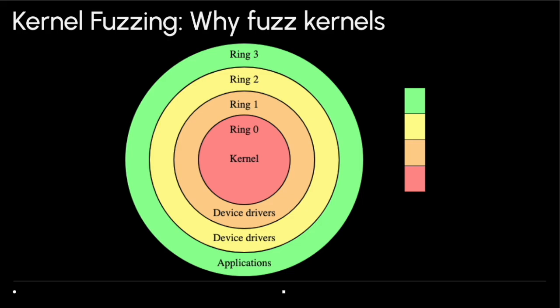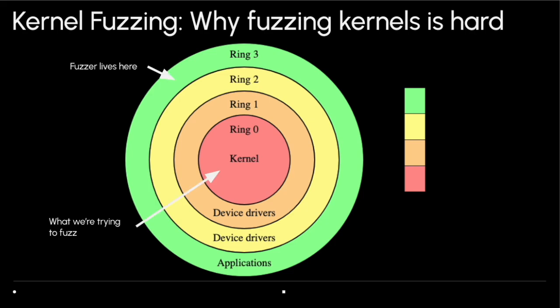Everything on your machine goes through the kernel, every application, every driver, every hardware access. While a bug in a user space application at ring 3 is bad, a bug in the kernel is catastrophic. A vulnerability gives an attacker the same privilege level as the operating system itself. They can read any memory on the system, bypass any security control, kill any process, and own the machine completely. There are no guardrails down below ring 0. And this is why kernel bugs are the most valuable bugs to exploit.